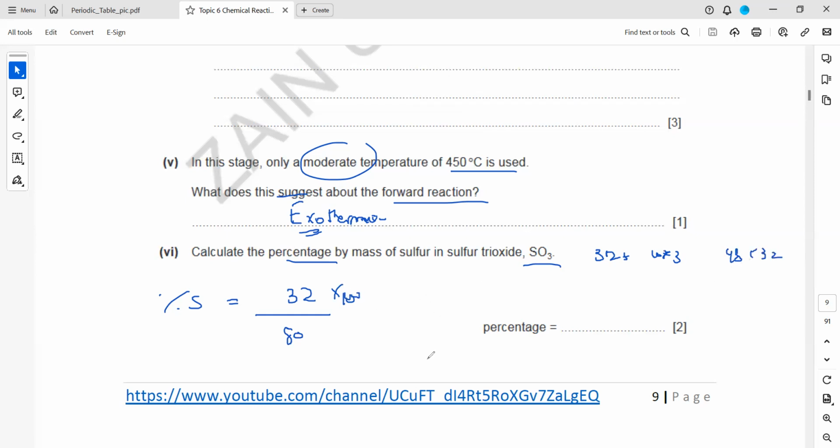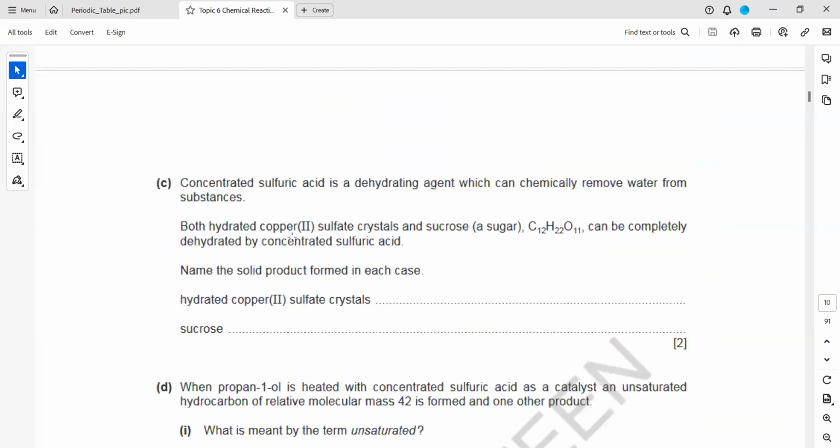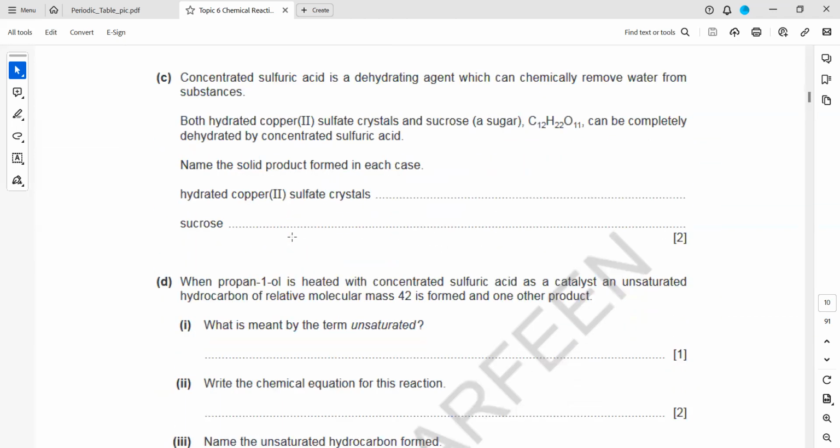What's the percentage of sulfur in this sulfur trioxide? So it is 40% sulfur in this sulfur trioxide.